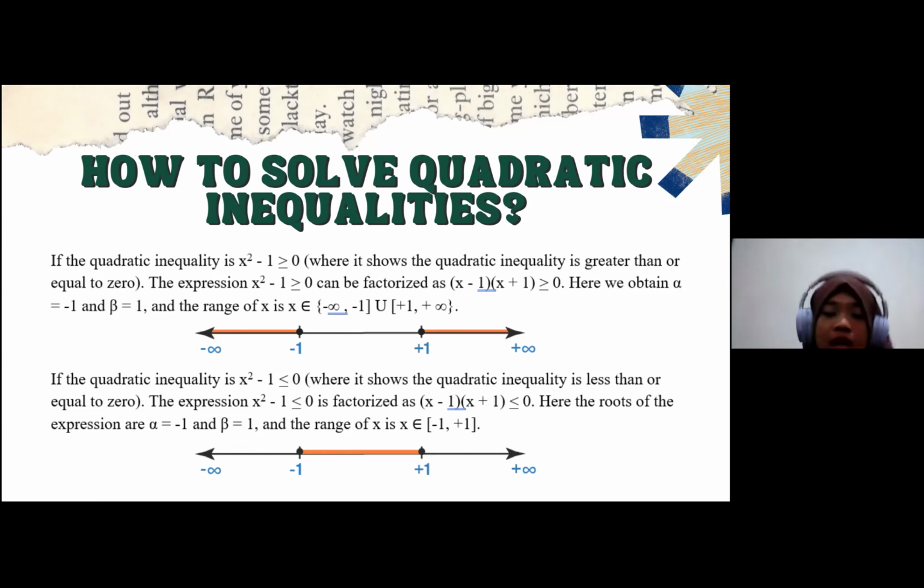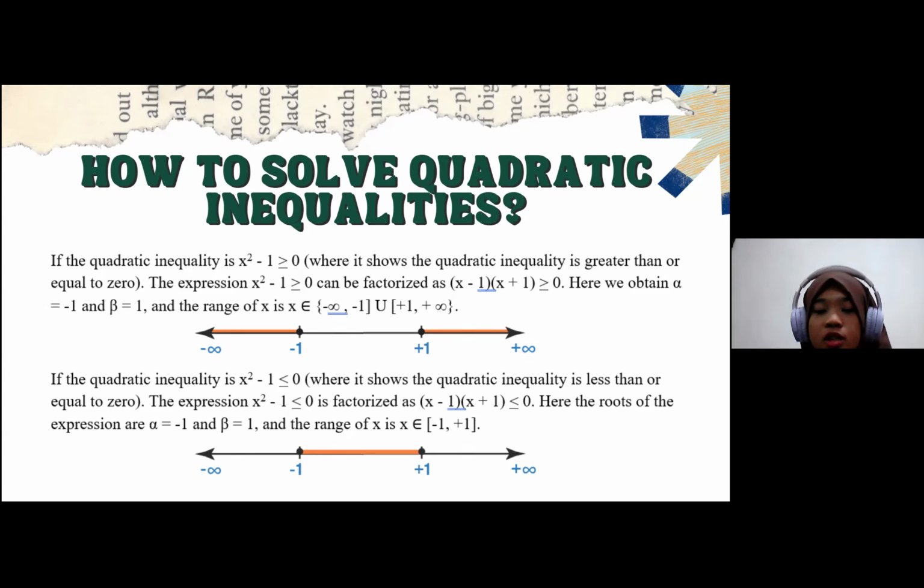And then the last, if the quadratic inequality is 1 subtracted by x squared is less than or equal to 0, where it shows the quadratic inequality is less than or equal to 0. The expression 1 subtracted from x squared, less than or equal to 0, is factorized as the first factor 1 subtracted from x and the second factor x added to 1, less than or equal to 0.